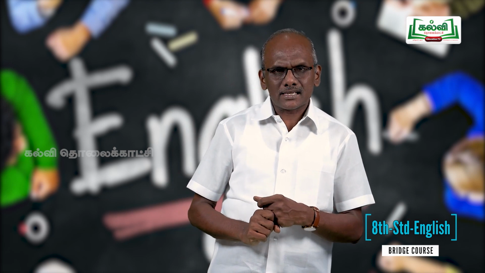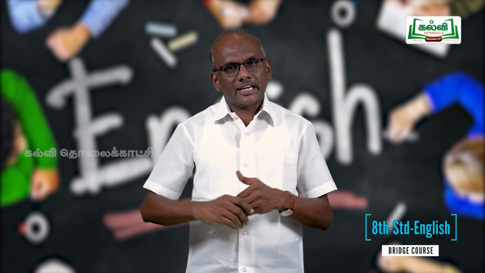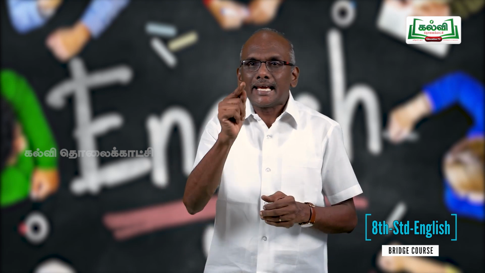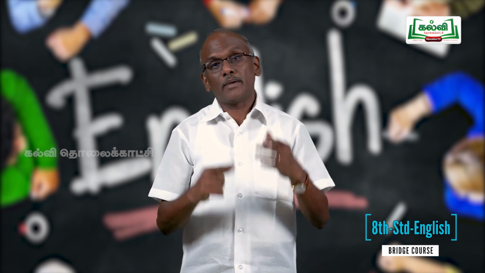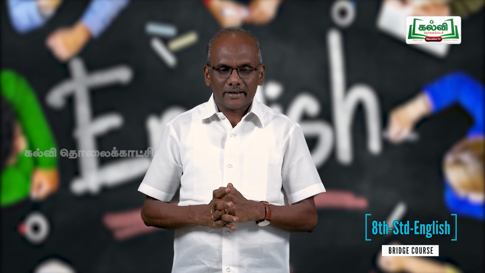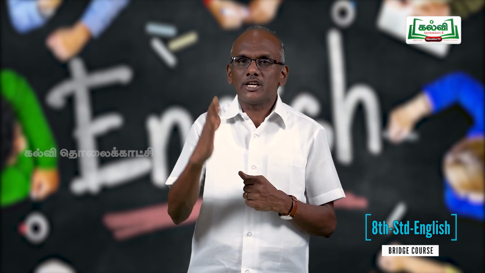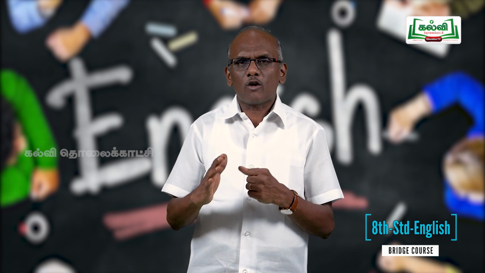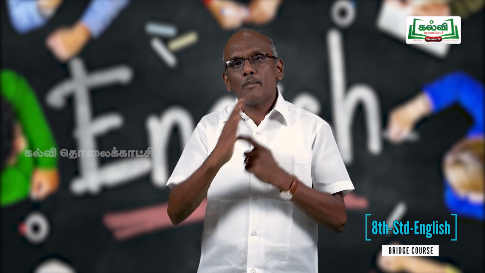And the next one is, in English, some words end with the letter E, but it is not pronounced in many words. We omit the sound there. For example, write, W-R-I-T-E. We don't pronounce the letter E. We omit it there.